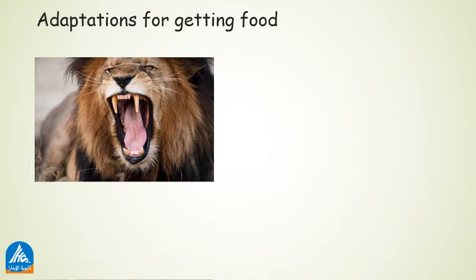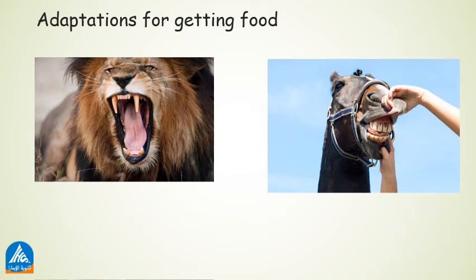If I ask you to describe the teeth of the lion, they are sharp and strong because, as you know, the lion eats meat. It needs sharp and strong teeth to tear the meat in order to eat it, while this donkey has flat teeth because, as you know, the donkey eats grass, so it needs flat teeth to grind the grass.